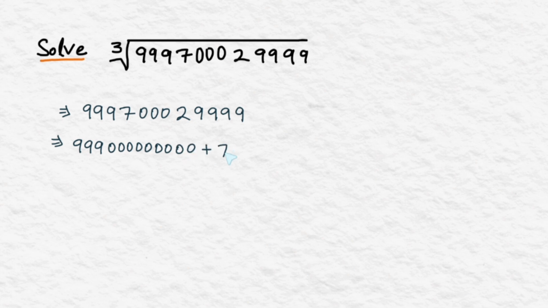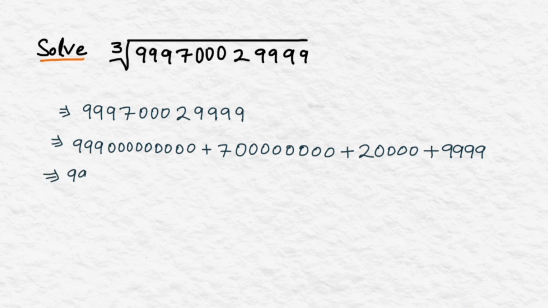Then plus 7 and then followed by 8 zeros. Plus 2 and followed by 4 zeros and then plus 9999.